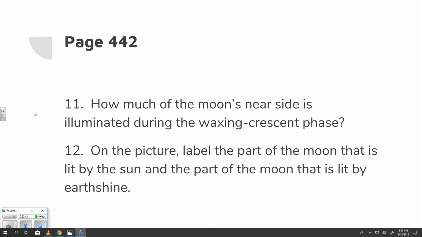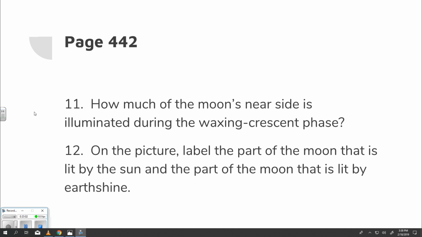Waxing phases of the moon. As the moon moves around the Earth after its new moon phase, part of the near side becomes illuminated. When the size of the lighted part of the moon is increasing, the moon is waxing.